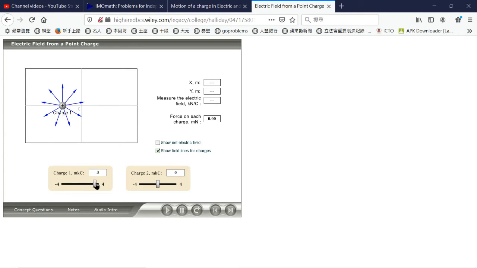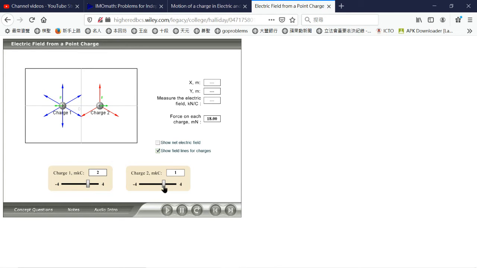If I make it positive, this shows the E field generated by this charge, pointing outward. If I make it negative, all the arrows are pointing to the charge. So this is just what I mentioned.